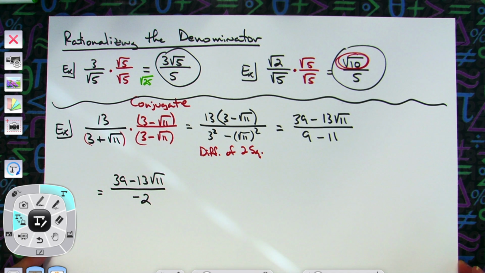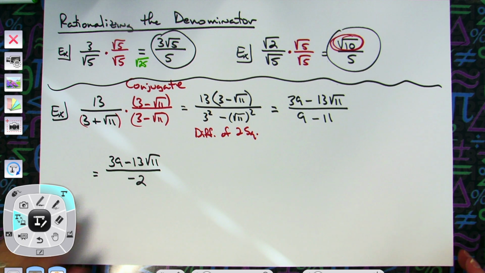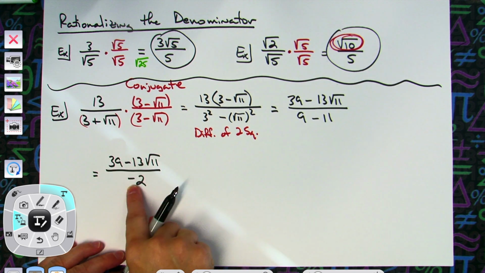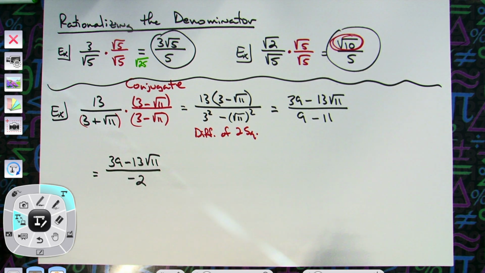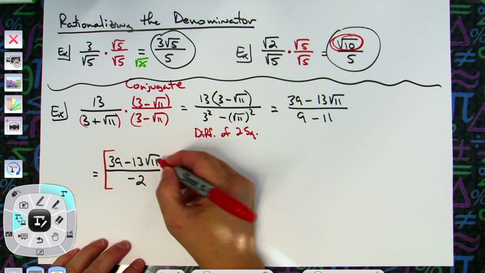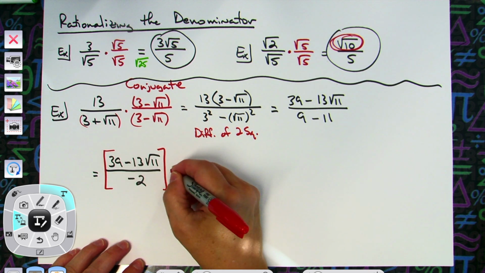All right, now, the textbook does not want you to leave it like this. The higher up in math you go, like this is pre-calc, and then the next step, if you're going to keep going in the progression, would be calculus, you don't want to leave an answer like this. You don't want to leave a negative in the bottom. You kind of want to clean up answers. So what the textbook's wanting you to do is get rid of the negative in the bottom. I can do that by multiplying this entire thing times a negative 1.